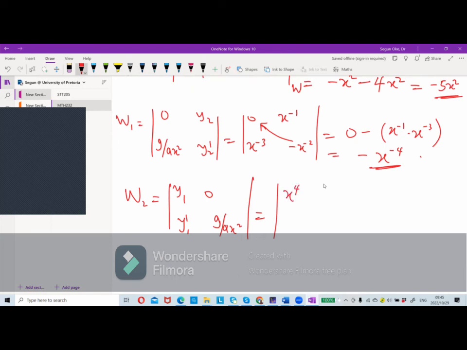S raised to power 4. S raised to power 4, 0. Then when you differentiate it, you have S raised to power 4, S raised to power 3, S raised to power minus 3. So when you cross multiply, what do you have? You have S raised to power 4 minus 3, right? Minus 0, because this one will multiply by 0, will be 0. So at the end of the day, you have S in this case.